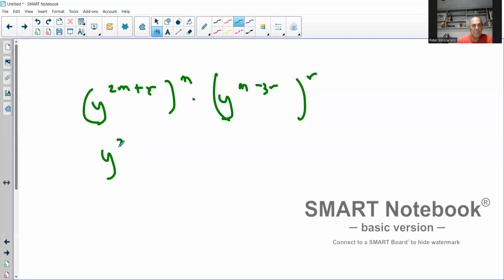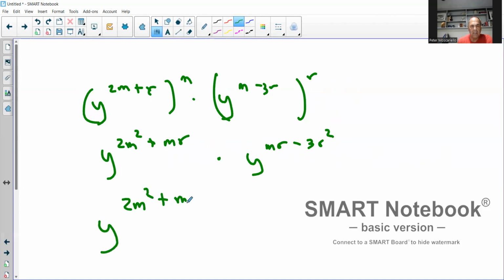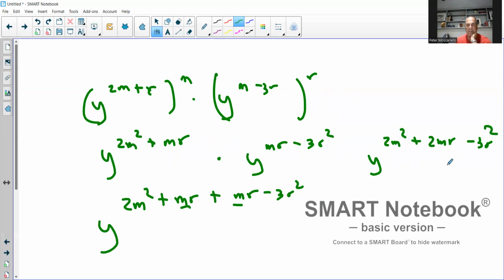So you get y to the 2m squared plus mr. Here it's y to the mr minus 3r squared. Multiply, you add the exponents. We do have some like terms. mr and mr makes 2mr, so y to the 2m squared plus 2mr minus 3r squared is your answer.